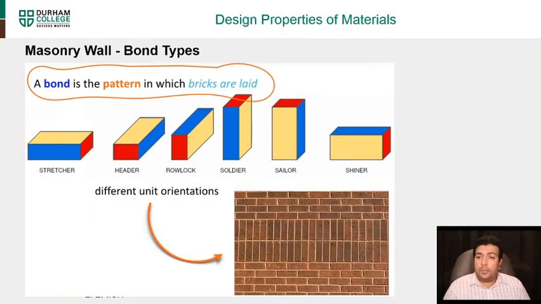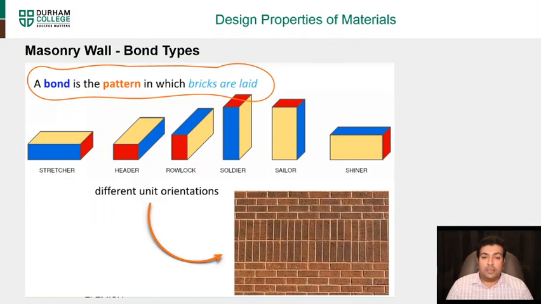A bond is a pattern in which the bricks are laid. So you can have a stretcher bond, which is very important to know. You can have a header bond, which is going parallel to the wall. If it's put on its side, that header bond is called a roll lock. If the brick is put like this, it's called a soldier. Again, if it's put on its side, it's called a sailor.